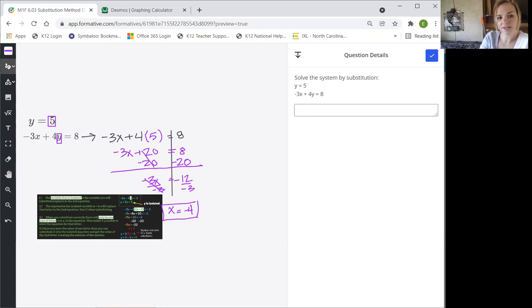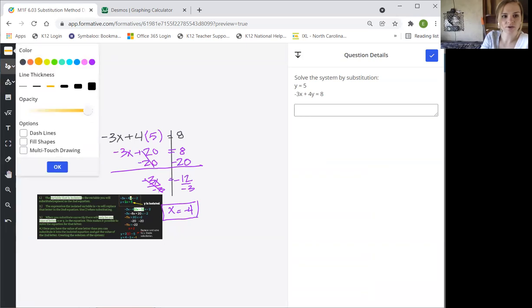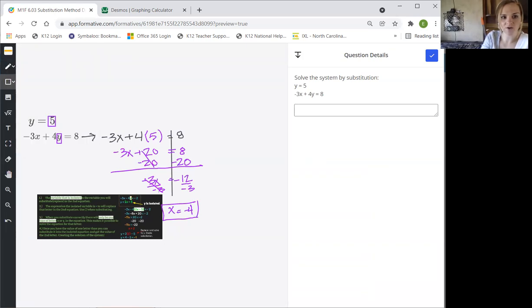But they already gave us the y value, so we don't even need to solve that piece. They already gave it to us. So make sure you're not doing more work than you have to. You could plug the x value back into that second equation to find the y value as well, but you'll still get the same one. So the solution is (-4, 5).